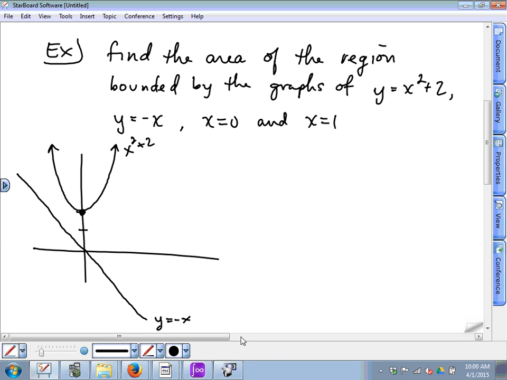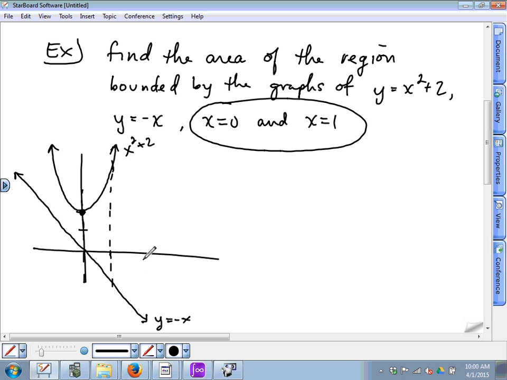We're going from 0 to 1. Hey guys, just so you don't get confused, these last two equations, x equals 0 and x equals 1, are just vertical lines. So we have a vertical line going through 0, and we have a vertical line going through 1. You guys with me on that?